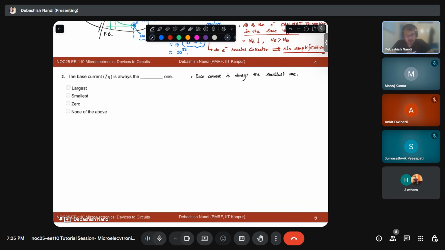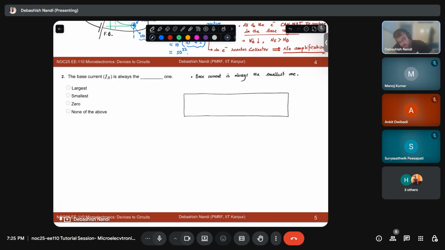Okay, but do you think that recombination is the only current component of the base? No, sir. Then what is the other component that contributes to it? Recombination means your electrons and holes both participate, right? What is the other current component? More electrons enter the collector region due to the small width of the base.